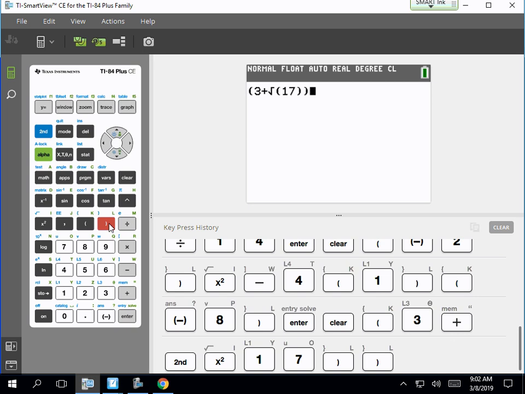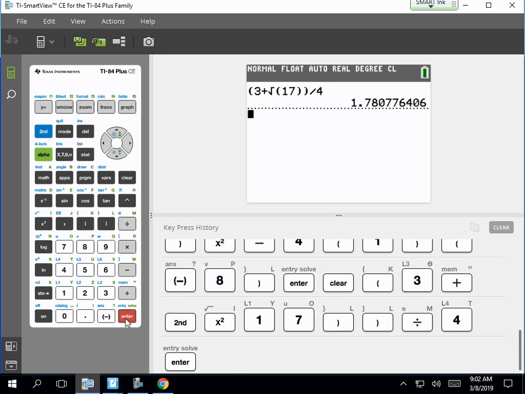If you do not put parentheses around the entire top portion of that fraction, it will not do the order of operations correctly. And then divided by 4. We have 4 on the bottom there. So that's what it looks like. In parentheses, 3 plus square root of 17, divided by 4, and we get one of our solutions. It's 1.78.